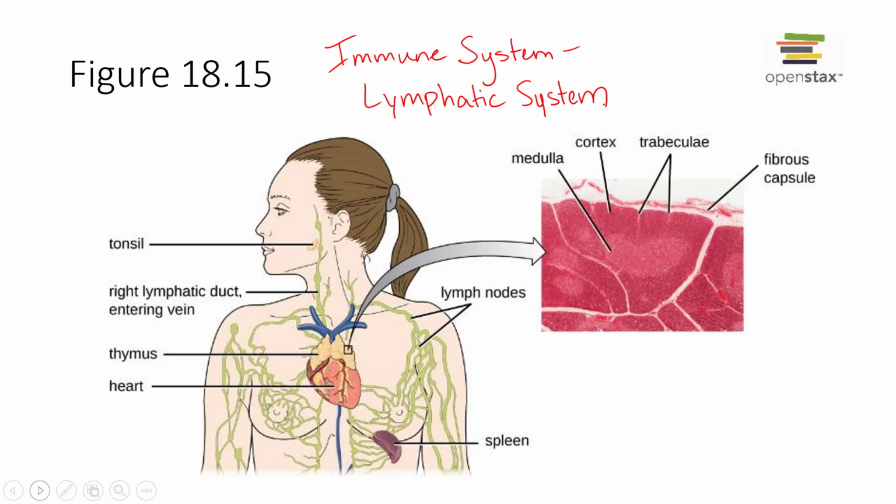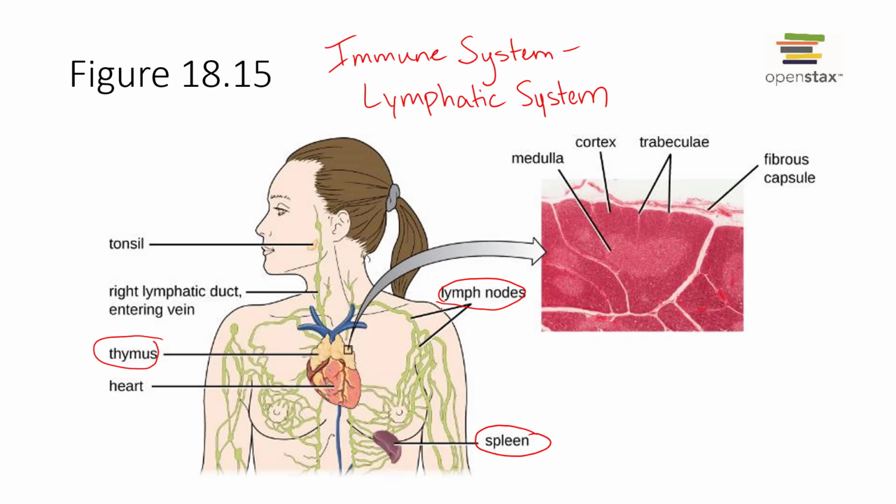The important ones that you should know in this diagram would be the thymus. This is a gland that's right above the heart, as you can see in our diagram. The spleen, lymph nodes, which in this diagram look like they are located in this woman's shoulders or armpits.